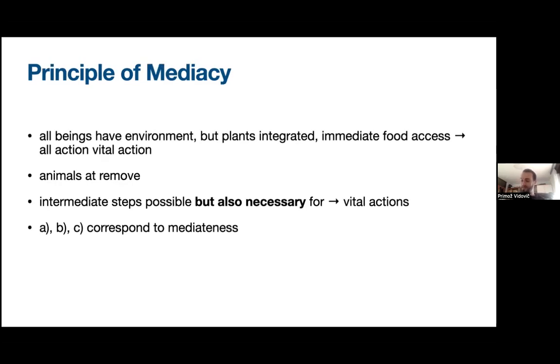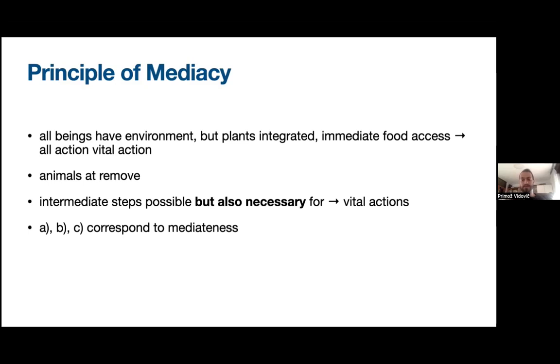What underlies all these aspects of the animal is a certain immediateness of its existence. So of course, all living beings have some kind of environment. When we look at plants, they are integrated and merged and in immediate touch with their environment. They're in the same context with it, and therefore they're able to get their food pretty much immediately.